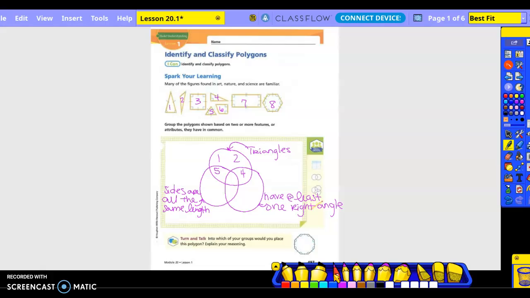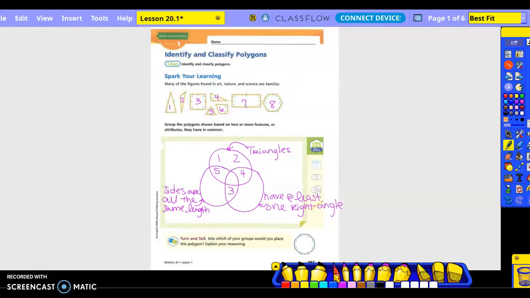Now, do we have any of the objects that have all the same length? 3 and 8. Now, is either one of those a triangle or does it have at least one right angle? Number 3. So that can go right in here.